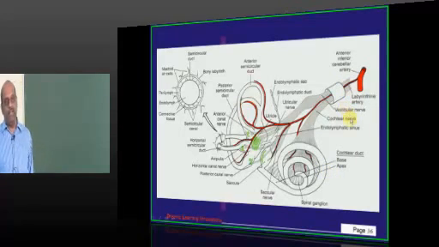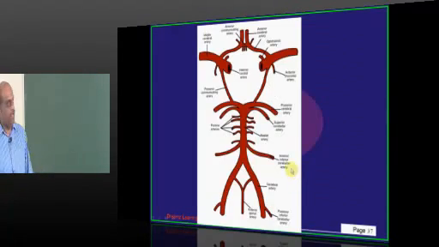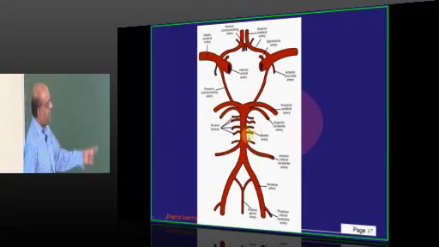Now, one exception you need to remember. Sometimes the labyrinthine, instead of arising from the basilar, typically arises from the anterior inferior cerebellar artery, which is directly the branch of the basilar only. It will become the granddaughter instead of being the daughter of the basilar. Daughter's daughter. The daughter is the anterior inferior cerebellar. So, doc, this is the basilar artery.